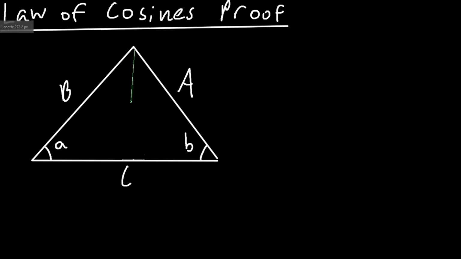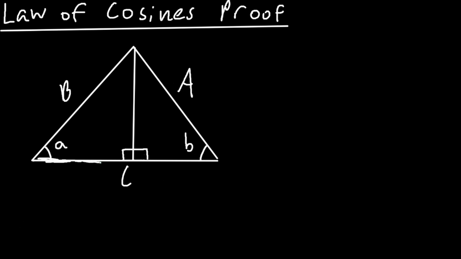So the first thing I'm going to do is split this triangle into two right triangles like that. So now, because we have these two right triangles, we can start doing trig magic. So if we're going to do trig magic, we're going to want to treat this big triangle as two different smaller ones.